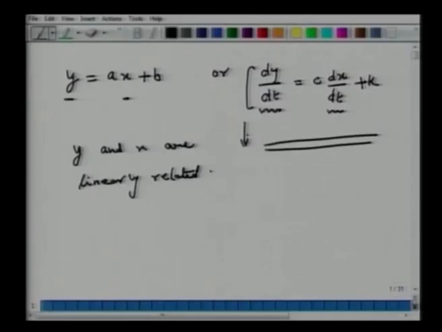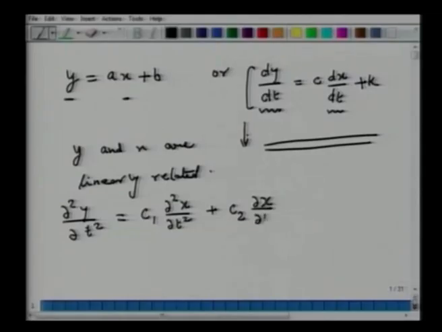I will give you another example. I have a second derivative of y in time, and let us say it equals a constant c1 times the second derivative of x in time, plus another constant c2 times del x over del t, plus c3 x.